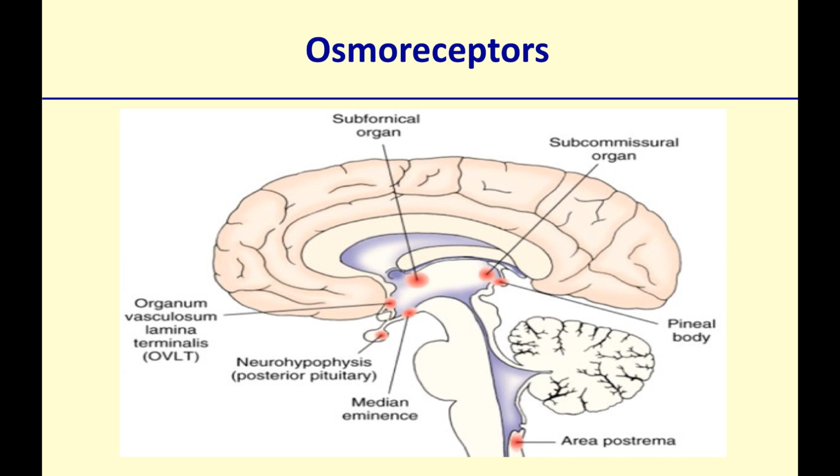The main central osmoreceptor is the organum vasculosum lamina terminalis, or OVLT. The OVLT is located in the hypothalamus and is part of a family of structures called the circumventricular organs, which are 7 structures in your brain that do not have a blood-brain barrier, and therefore they can readily sense any change in the composition of the ECF.